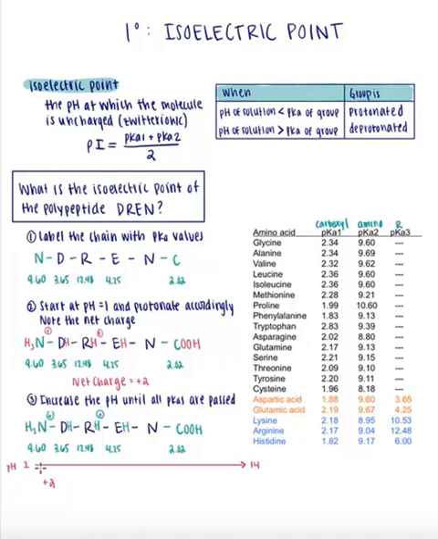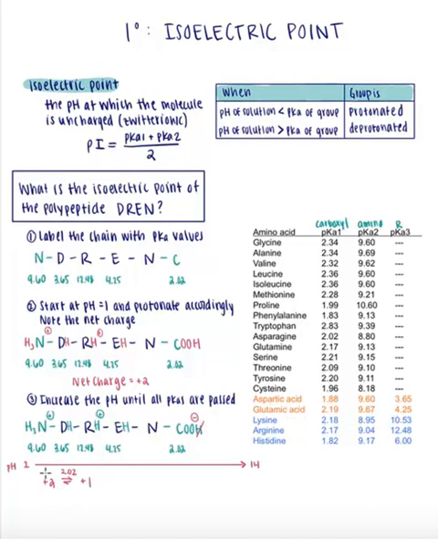Now let's say we increase the pH until we hit our first pKa value, which is going to be at 2.02. When we go beyond 2.02, the pH will then be greater than this group's pKa, and so the group will be deprotonated. So that H will then come off, and that'll leave us with a negative charge here.